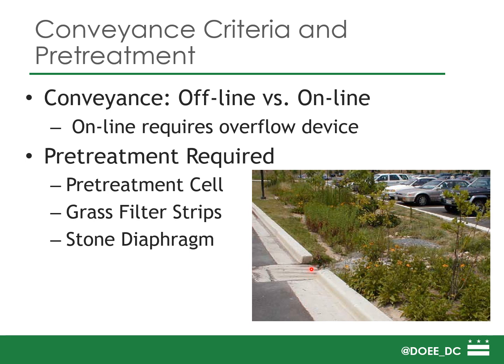As the water ponds inside of the bioretention here, the elevation of the water would rise up to the elevation of the curb cut, and then any additional runoff would just bypass. So that's an offline conveyance, and there's no overflow device inside the bioretention that's required in that case, because all of the overflow just bypasses right by the bioretention cell.